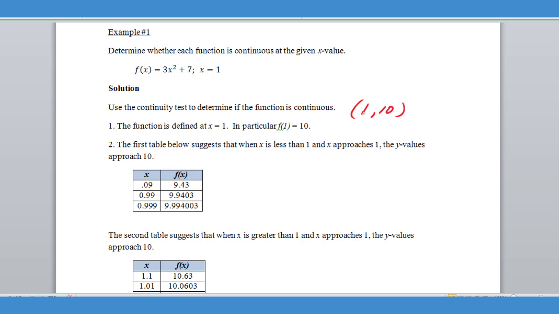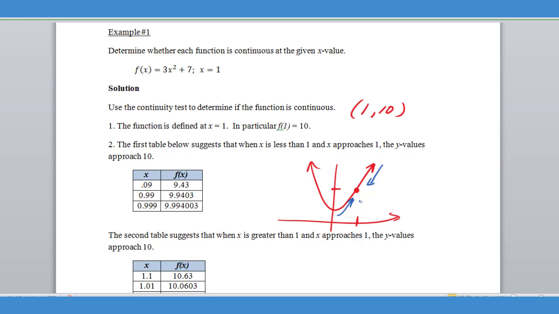Secondly, we have to determine if the function approaches the same y value from both the left and the right side. Let's just assume that this is our function, and at 1 we want to know if it approaches the same value from both sides. Basically, do the values from this side approach the same value as they do from that side?